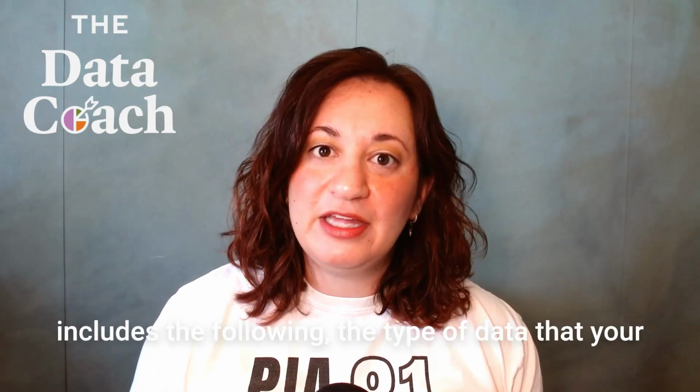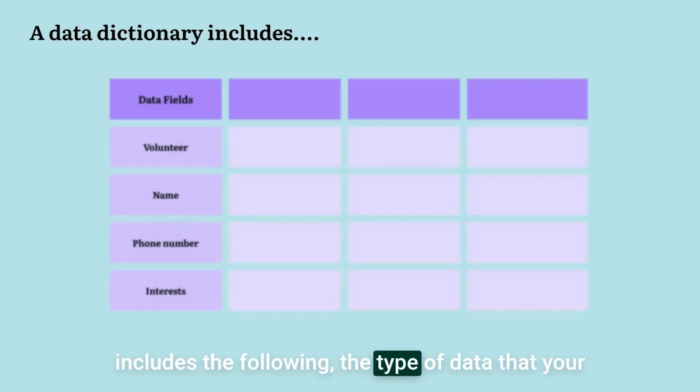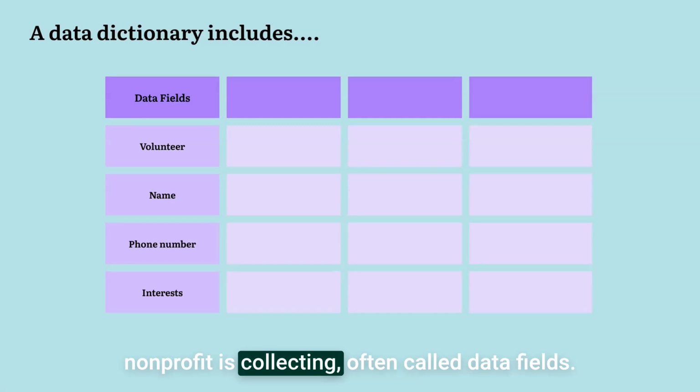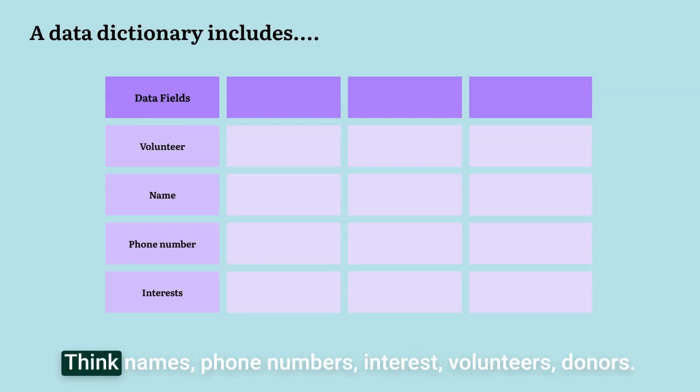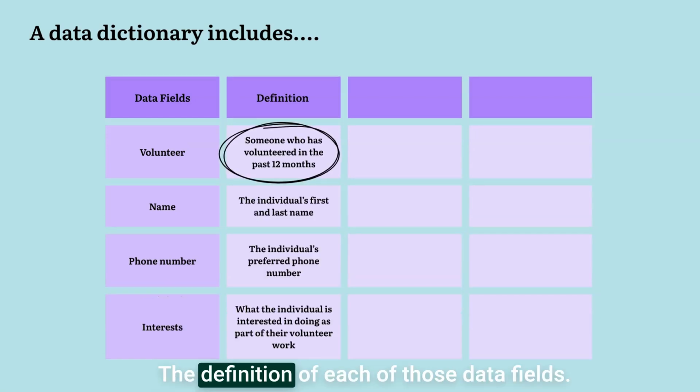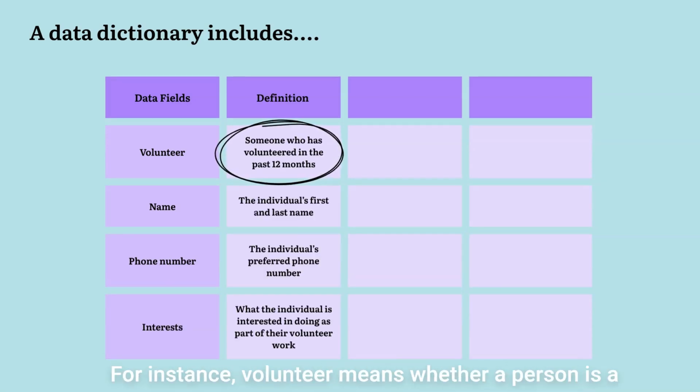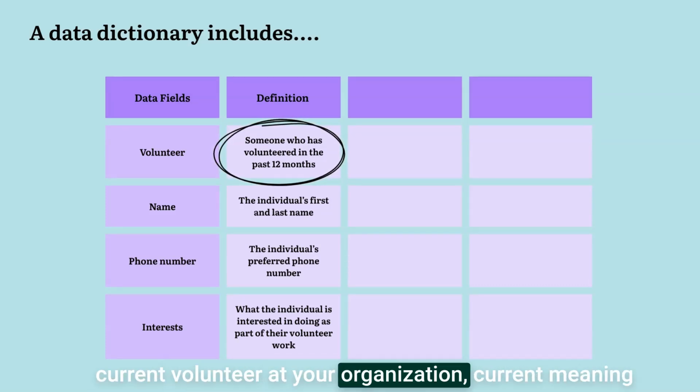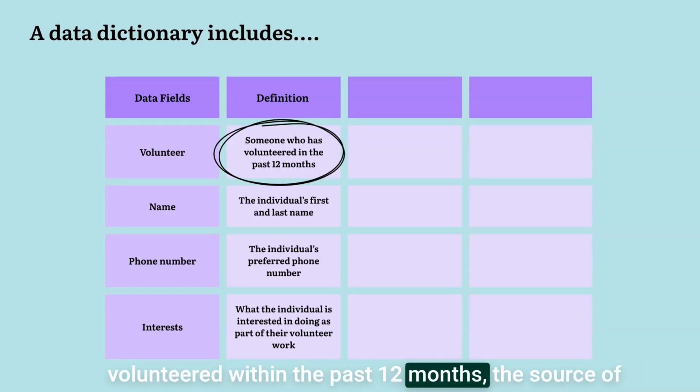A data dictionary is a document that typically includes the following: the type of data that your nonprofit is collecting, often called data fields, think names, phone numbers, interest, volunteers, donors. The definition of each of those data fields. For instance, volunteer means whether a person is a current volunteer at your organization, current meaning volunteered within the past 12 months.